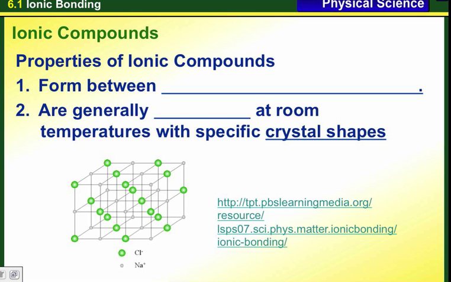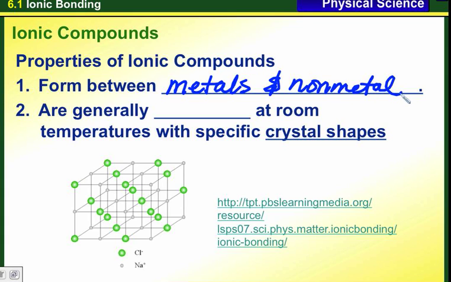Okay? Last thing we know is that as these ionic compounds are forming, we start to see a trend. We typically see these form between metals on the periodic table and nonmetals. Right? Reason being, we know that metals, well, they like to lose their electrons.